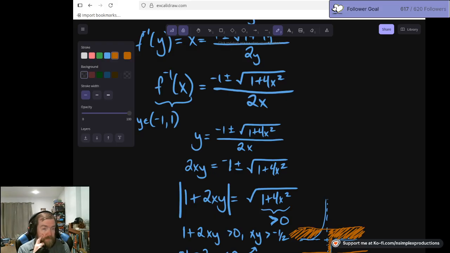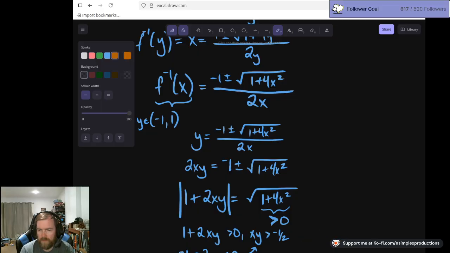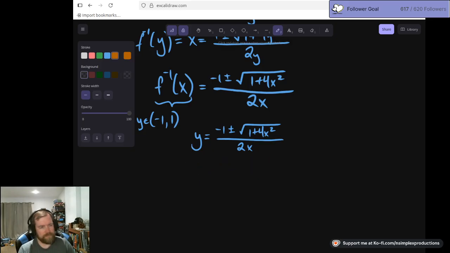Because according to this, there's going to be a gap here. So that can't be it. I could have just deleted all that. Whatever.